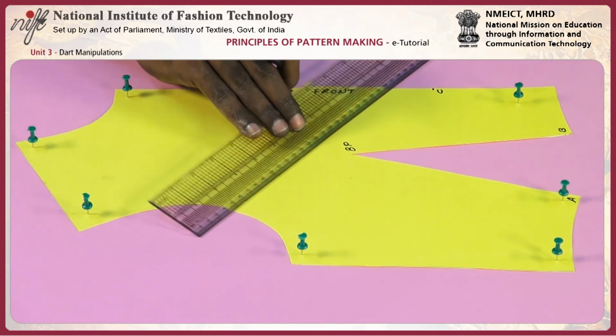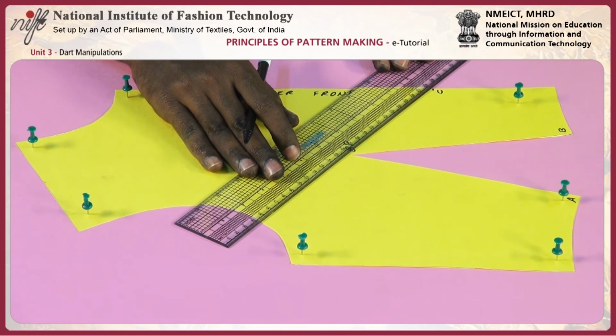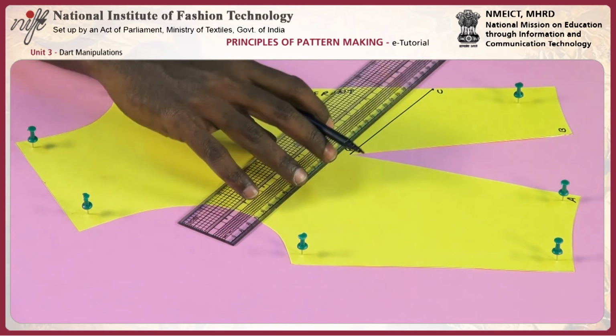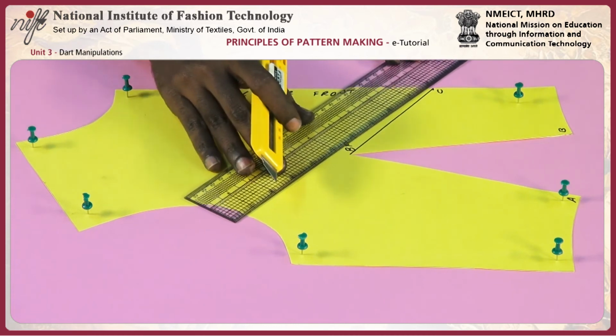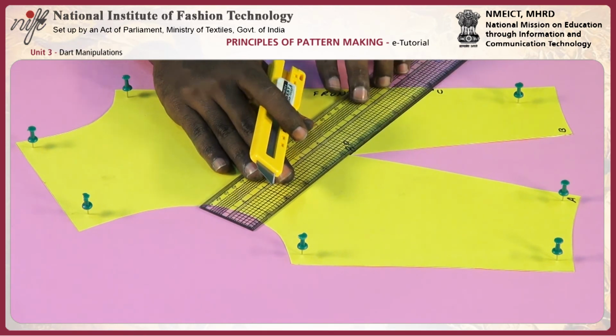Draw a slash line from C to the bust point. Slash C to the bust point.